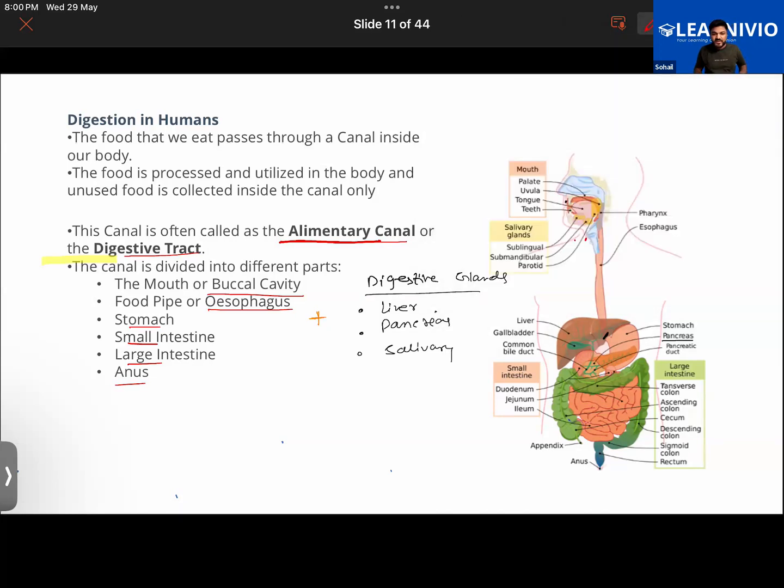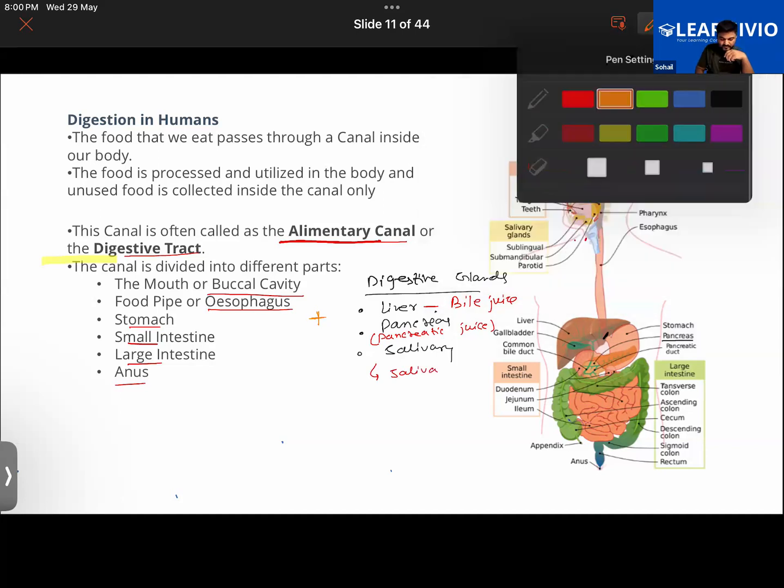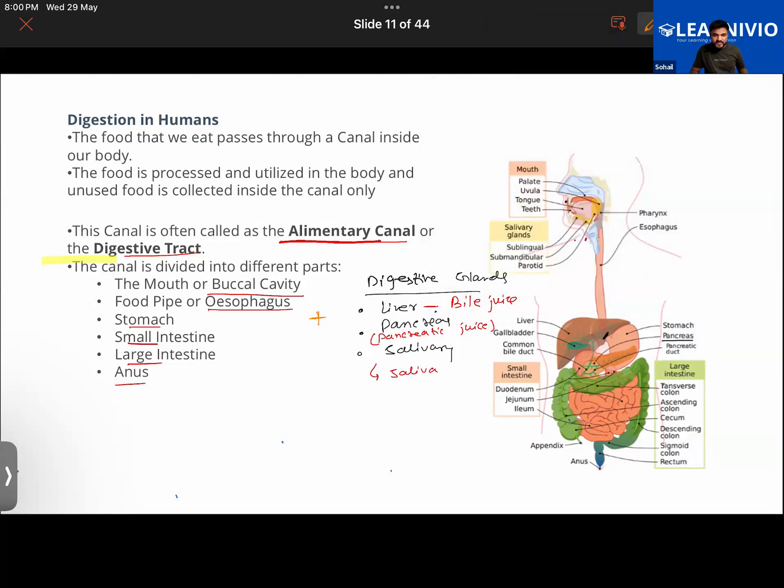These glands secrete special digestive juices. The liver secretes bile juice. The pancreas secretes pancreatic juice. And the salivary gland secretes saliva.